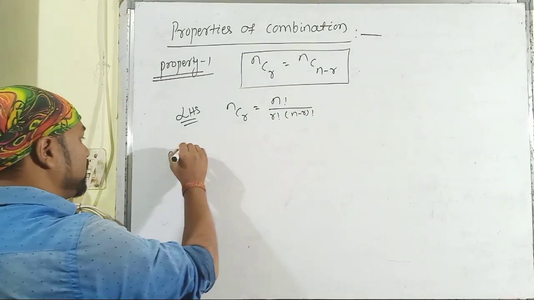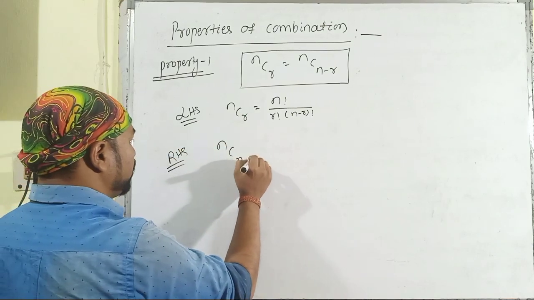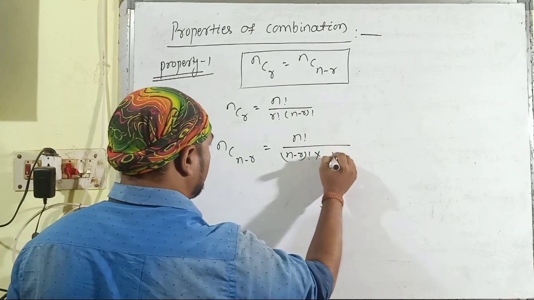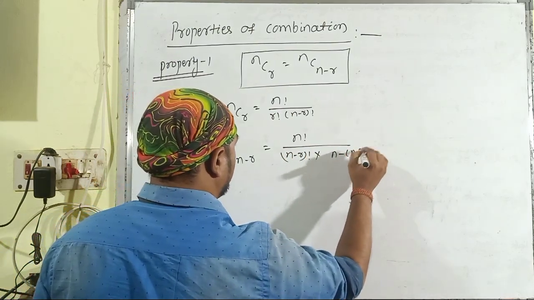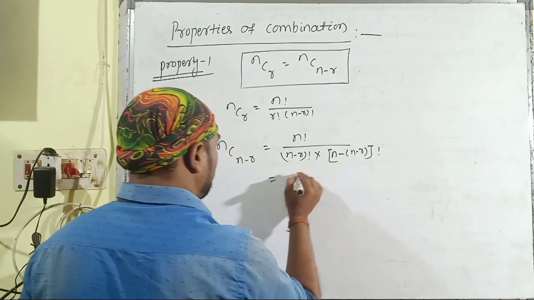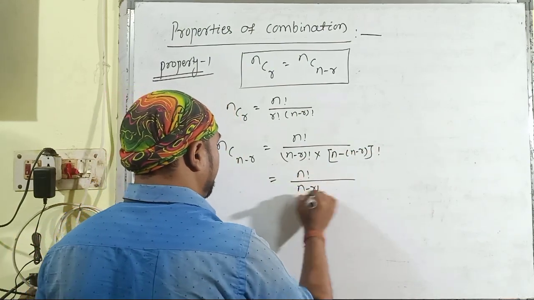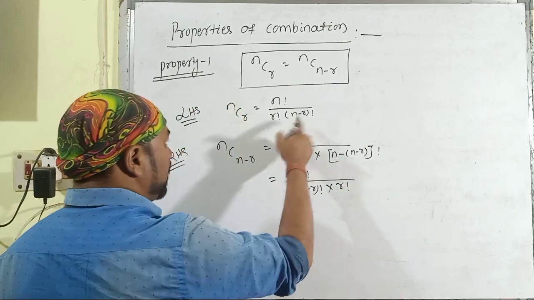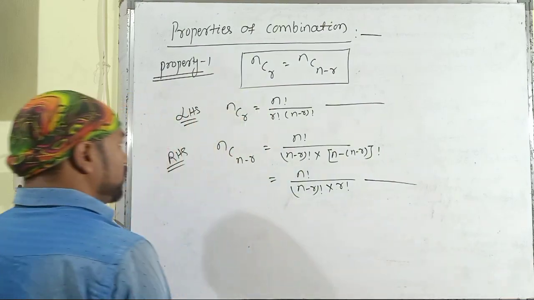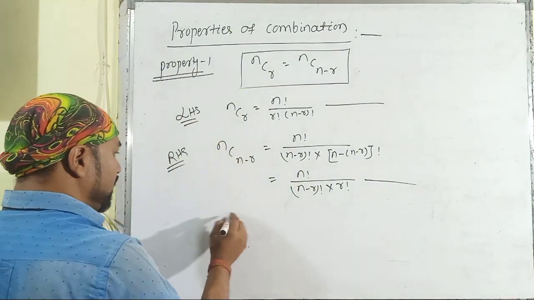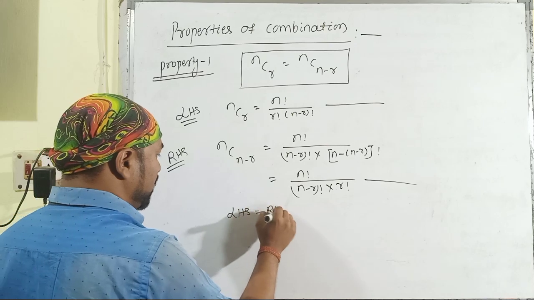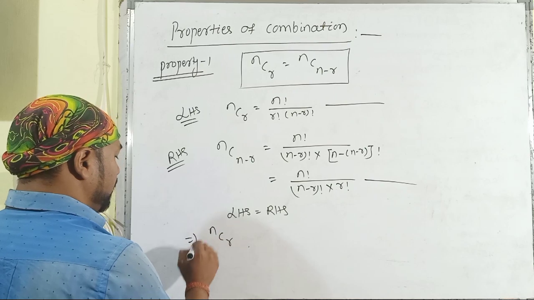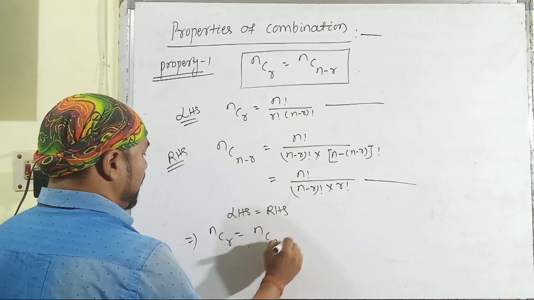Then moving towards the right hand side, nC(n minus r) is n factorial divided by factorial of n minus r multiplied with the factorial of (n minus r) minus... solving it, we get r factorial. From here you can see that these two values are equal. So from the left hand side and the right hand side, both of them are equal with each other. That means nCr is equal to nC(n minus r).